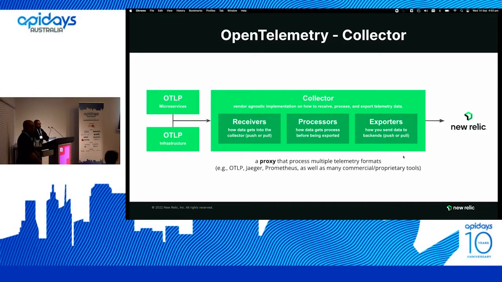You can send that data directly to an end platform like New Relic, or you can send it to a collector. What the collector allows you to do is process that data. So there's some manipulation of that data, adding additional metadata or attributes, doing sampling, and then exporting that out to multiple locations. So you can send it to New Relic or to multiple other destinations as well.